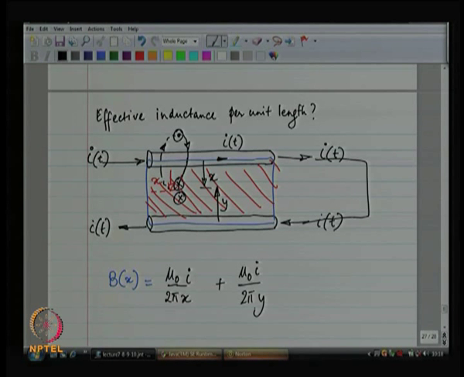So, this is superposition. I have just used superposition over here, and this is correct. This is going to be the field. In any case, I am not going to consider the return current right now, we are going to think about it a little later.